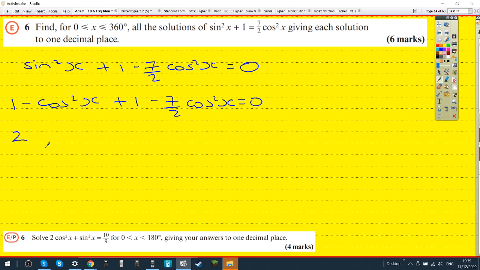And then could you make cos squared x a? Yeah. So I got minus a plus 2 minus 7 over 2 a equals 0. Oh, squared, sorry. The a's are both squared.